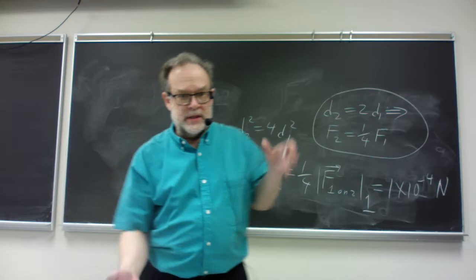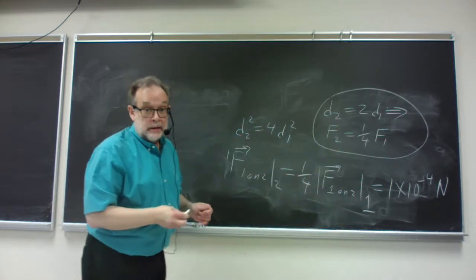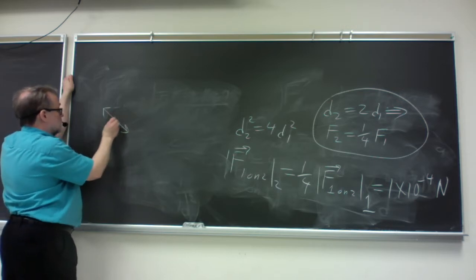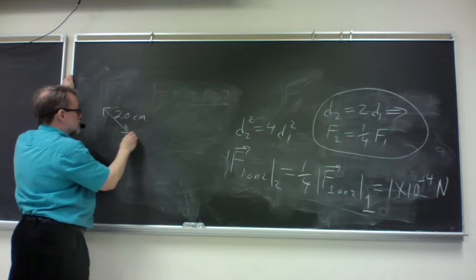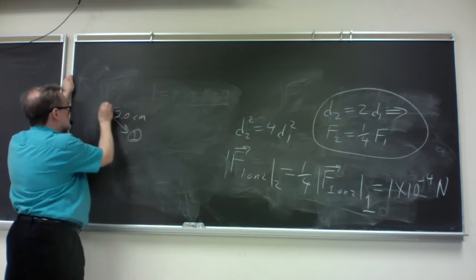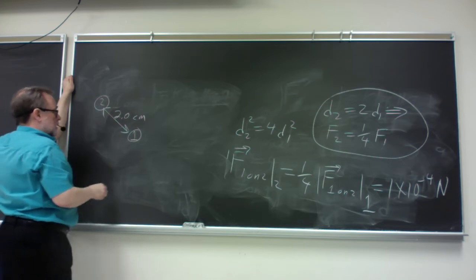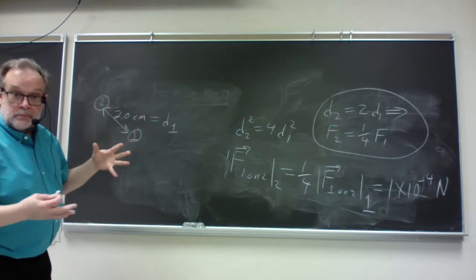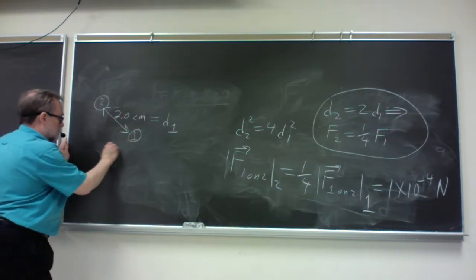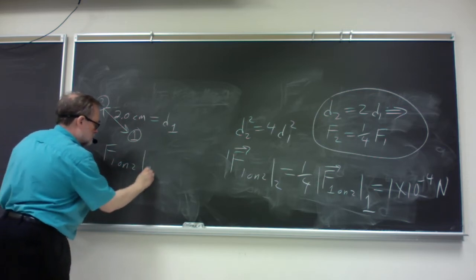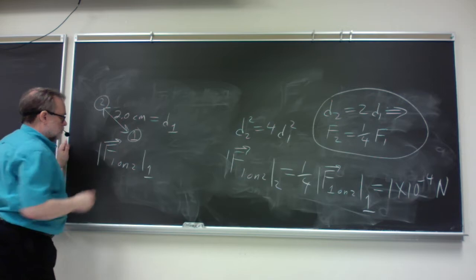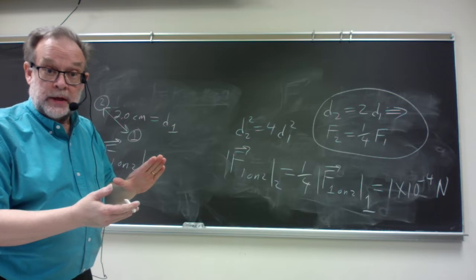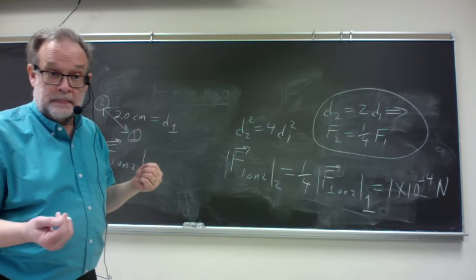And you could do this proportionality reasoning the other way around, of course. Let's say you have a situation of two particles, 2 centimeters apart. That's their distance, and then there is some force acting on them, and then you move them closer together so that now the force is larger than it was before.